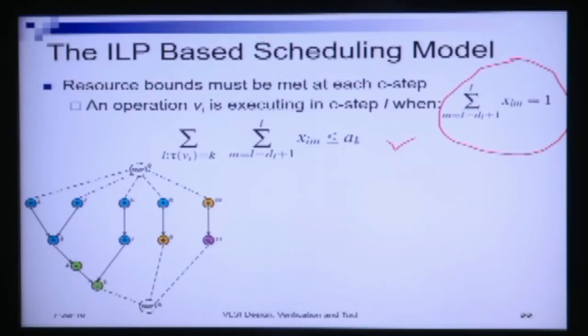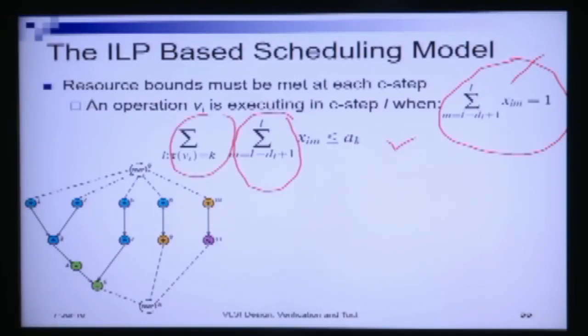And so, herein the term that we defined here becomes important, because this term tells me whether the ith operation is running in the current time step or not. If this summation over m equals L minus Di plus 1 to L of x_im is equal to 1, that means that in the current time step L, the ith operation is still executing on some resource of type K. Now, what does this summation tell me?